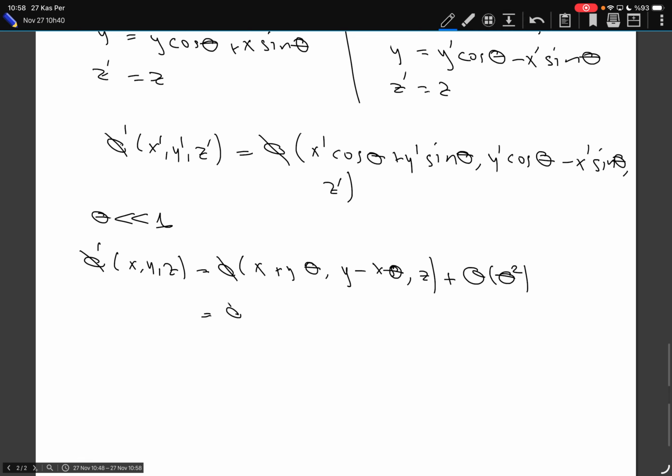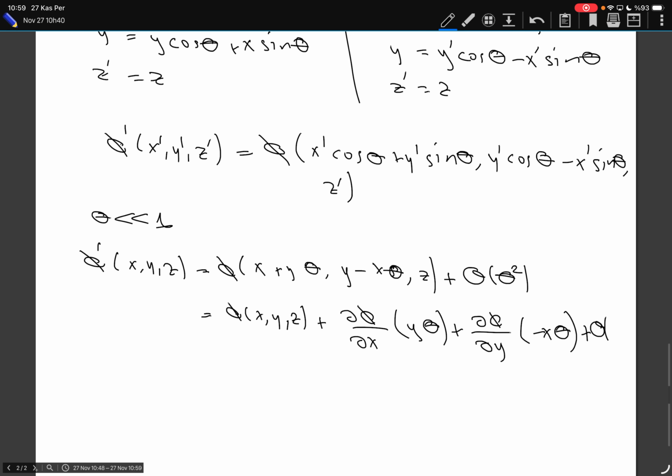This will be phi of x, y, z plus the derivative of phi with respect to the first argument, which is x, times the change in x, which is y theta, plus the derivative of phi with respect to y, the second argument, times the change in y, which is minus x theta, plus terms of the order of theta squared, which I can write as 1 plus theta y del over del x minus x del over del y plus terms of the order of theta squared.